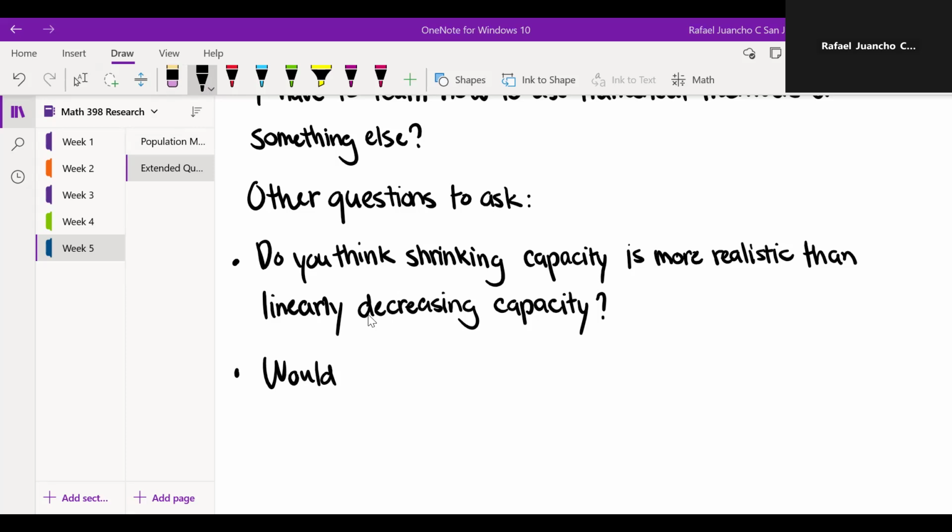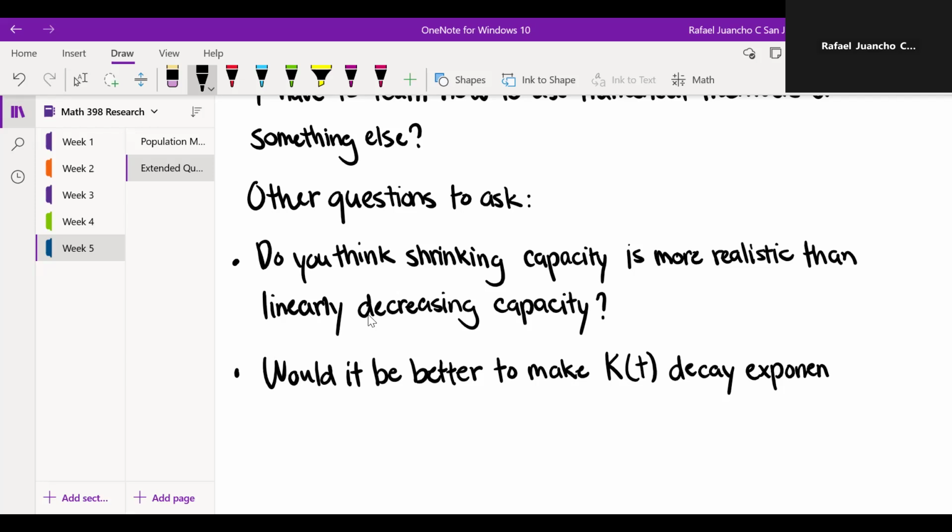Just for discussions, would it be better to make, say, my k decay exponentially instead of linearly?